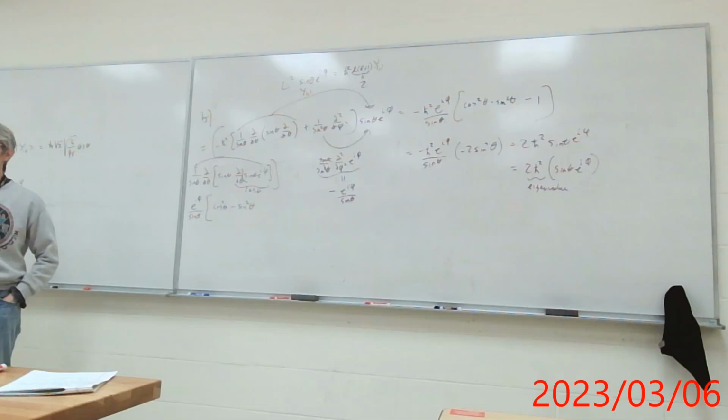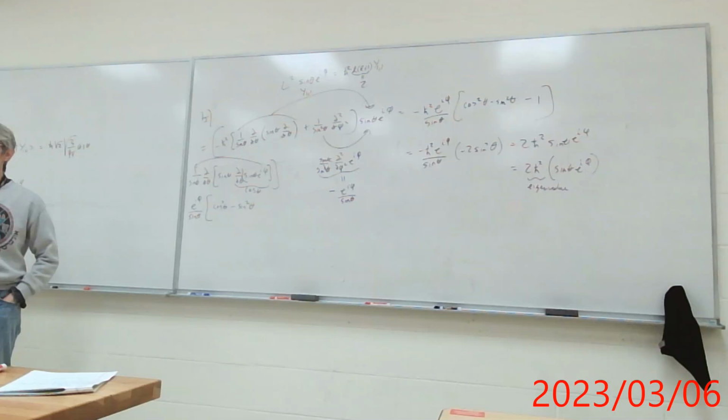Y1,minus 1 is minus square root 3 over 8 pi times sine theta times e to the i phi. And Y sub 1, oh, this was plus 1, sorry. Y1,minus 1 is square root 3 over 8 pi sine theta e to the minus i phi.